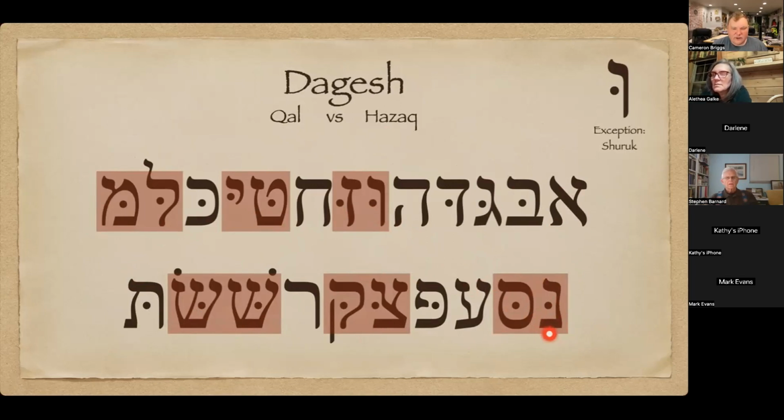The same thing with a Dagesh Chazak. So instead of writing two Nuns side by side in that word, if we're transliterating, instead of doing that, we just put one and put a Dagesh in it and know that it's a double consonant. And so all of these ones are always going to be that Dagesh Chazak. We know that it's doubled.